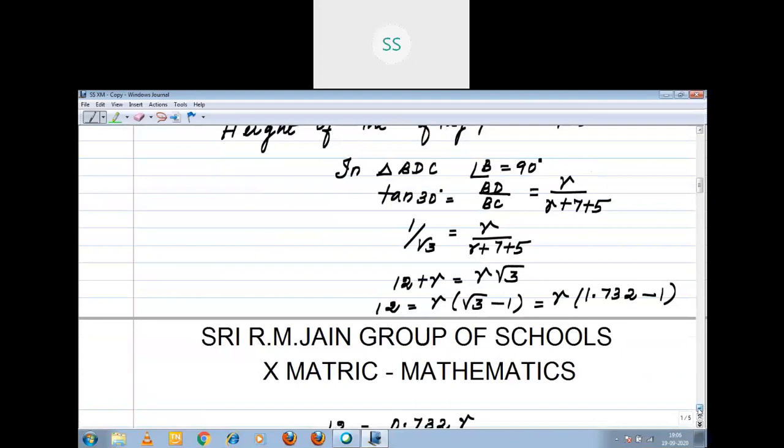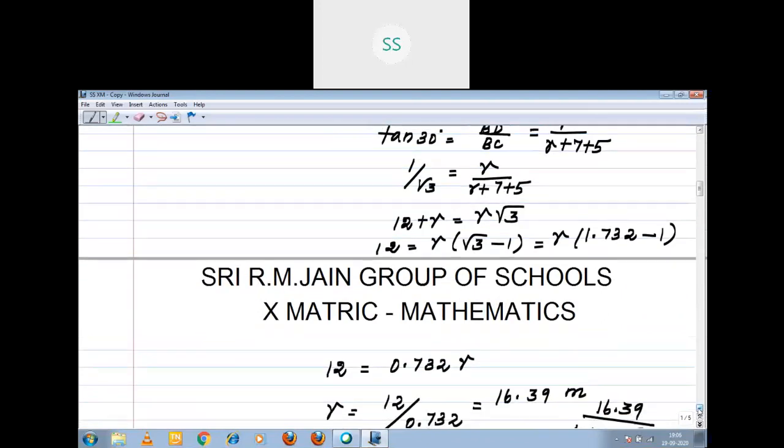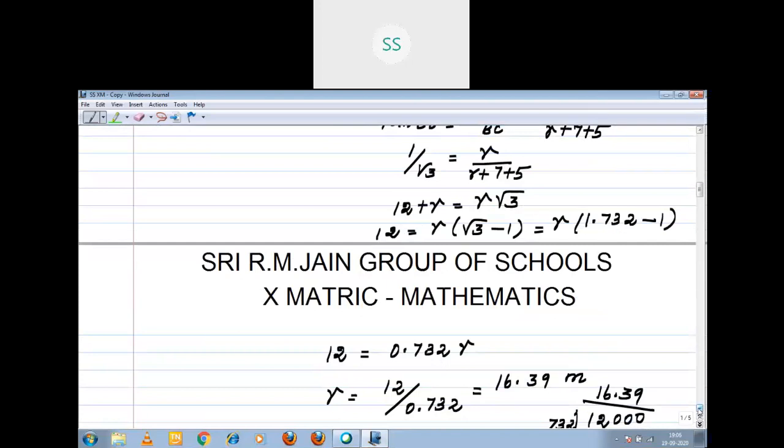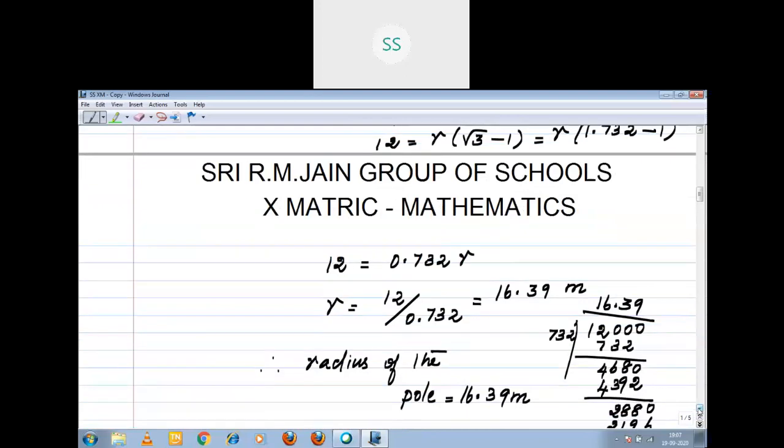You arrived at R into 0.732. Then R equals 12 divided by 0.732. When you divide, you arrive at the result 16.39. Therefore, radius of the dome equals 16.39 meter. Got it, children?